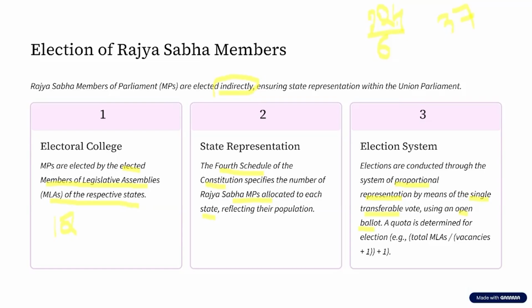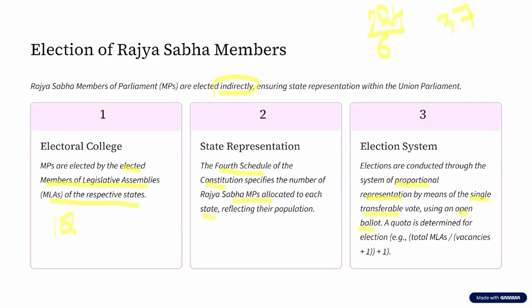That is, the electorate who are voting for the president or vice president can vote as per their own wish. They're not directed by their party's wishes. But that is not the case in Rajya Sabha. In Rajya Sabha elections, the directive given by the party has to be followed by the MLAs.